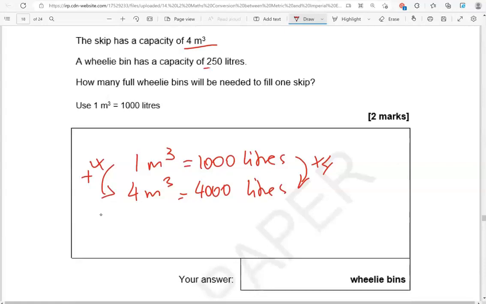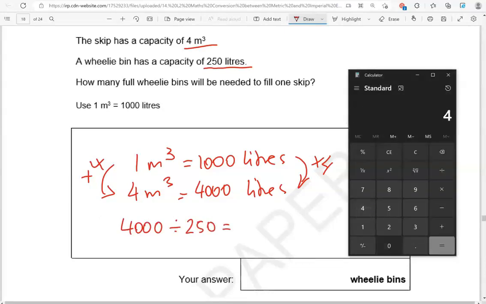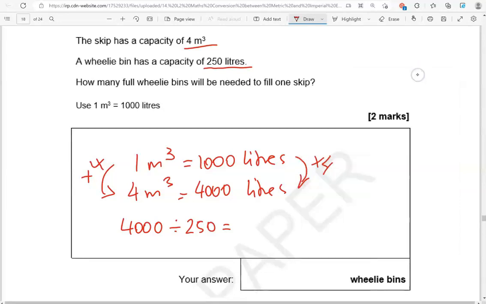So how many lots of 250 will fit into 4000? We'll do 4000 divided by 250, which is 16. So that's how many full wheelie bins will be needed to fill one skip.